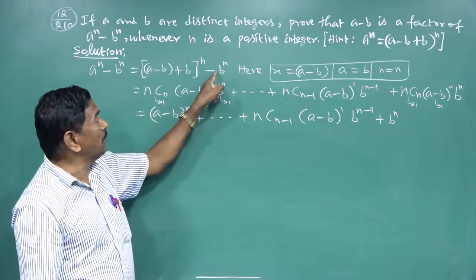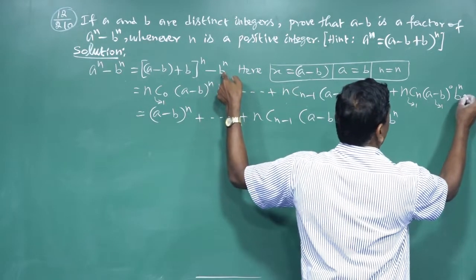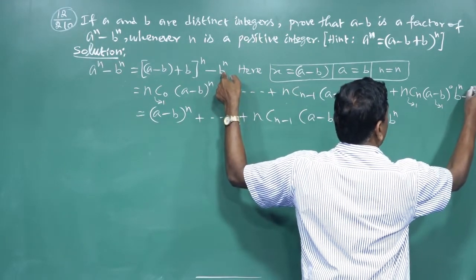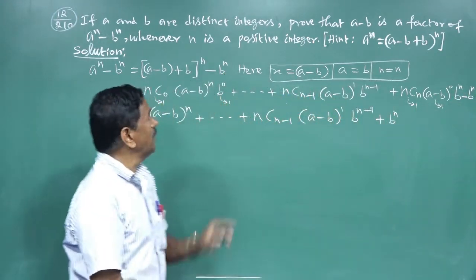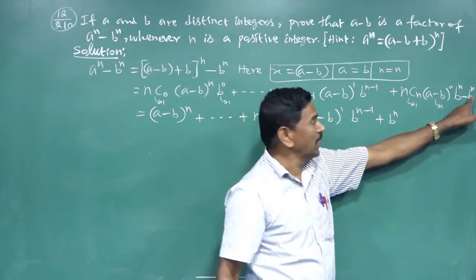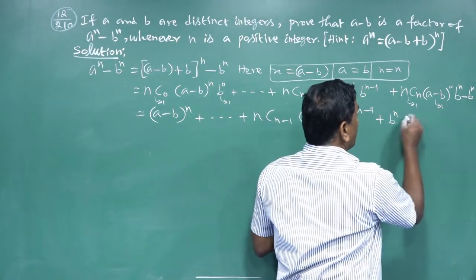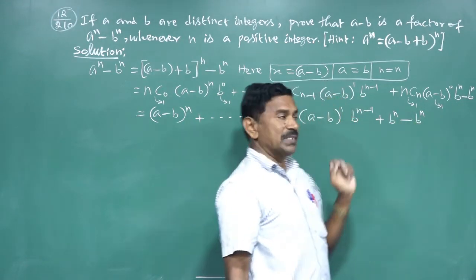But the second term, minus b^n, is fixed. So at last, minus b^n fixed. Okay, minus b^n, that is important.